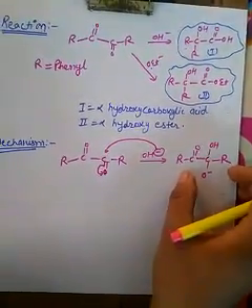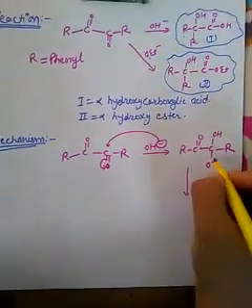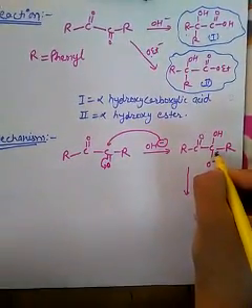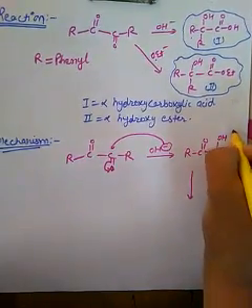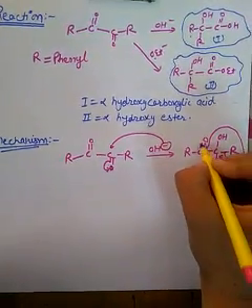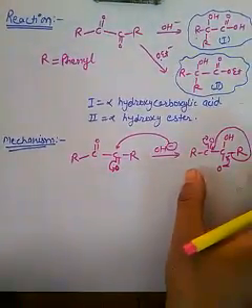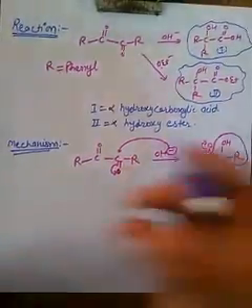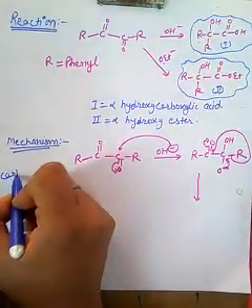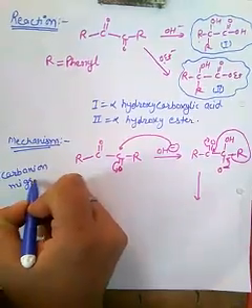In the next step, this O negative migrates here, and the R group along with its electron migrates to the next carbon. The important point is the migration of a carbanion.